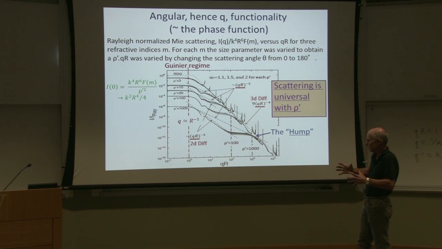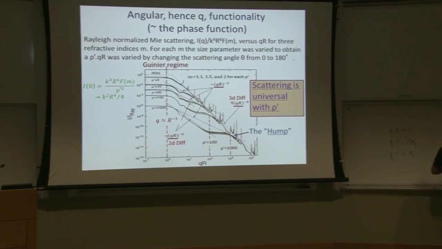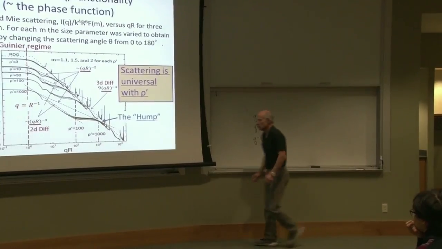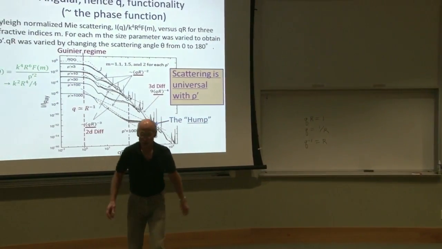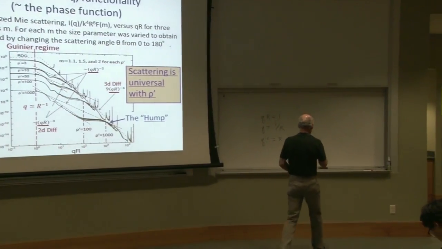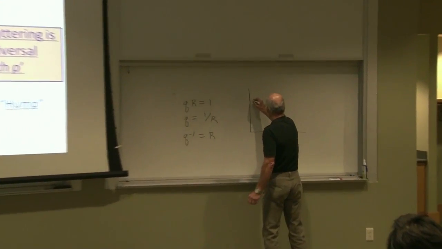So we double the size. If you double the size, then it moves down, double QR, right? Maybe one way to do this is to remove the R. Let's just plot this versus Q. So here we go.